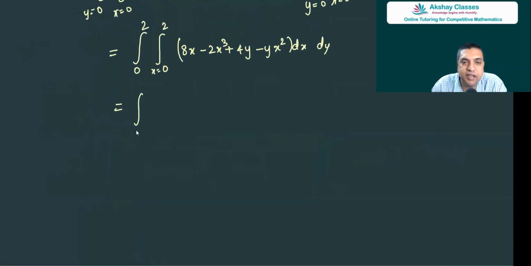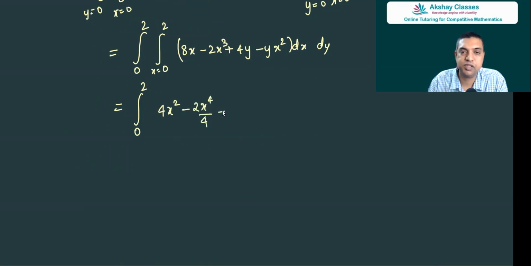So now we can integrate with respect to x. If we want to simplify, there are four terms: the coefficient of x, the constant, the coefficient of x square, the coefficient of x cube. So we can directly integrate. 8x integrated with respect to x is 4x square, minus 2x power 4 upon 4, plus 4xy, minus y into x cube upon 3, applying from 0 to 2.